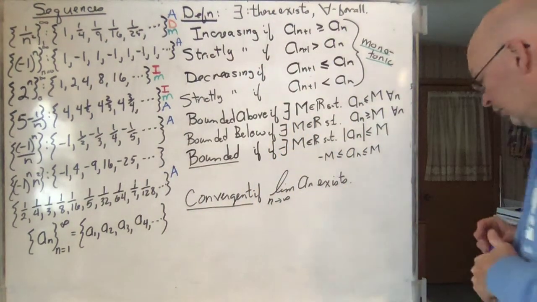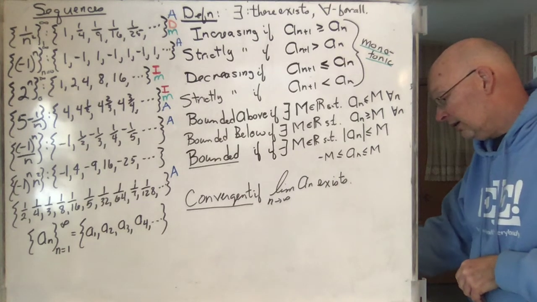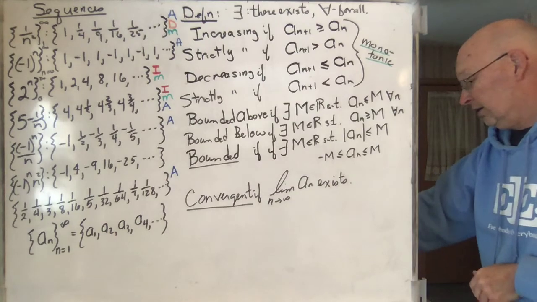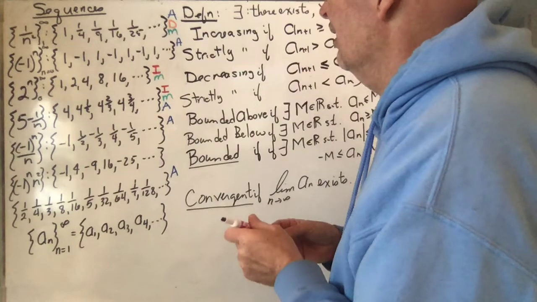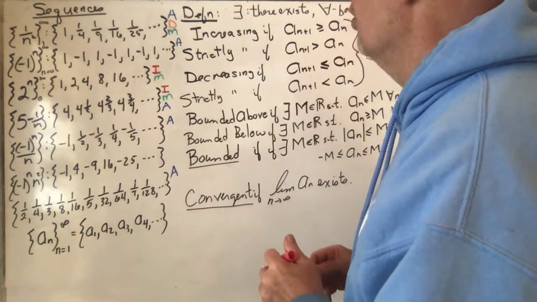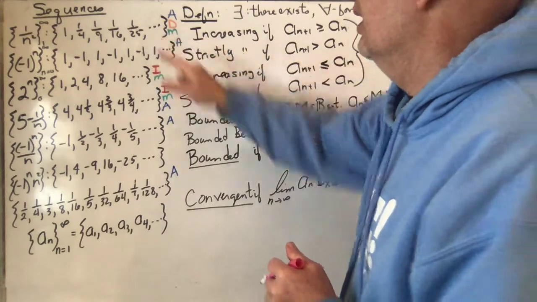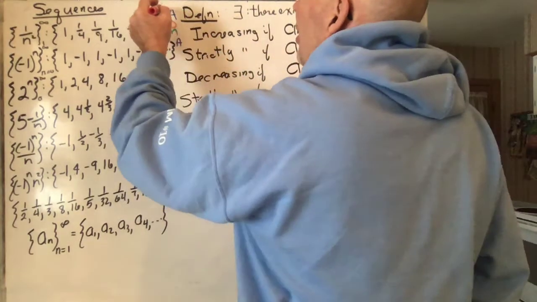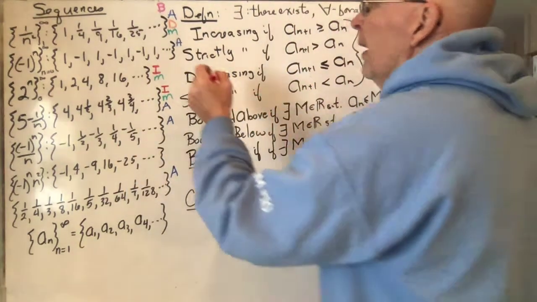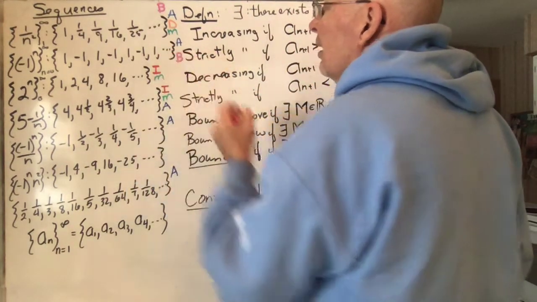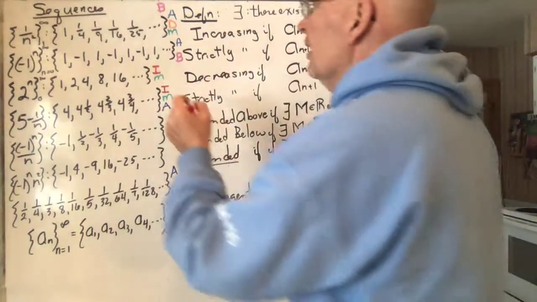Okay? Which ones are bounded below? So I have yet another color. Here's a pink right here. So bounded below. This never gets below 0. I'll put a B for that. This one's bounded below. Okay. This one is bounded below.